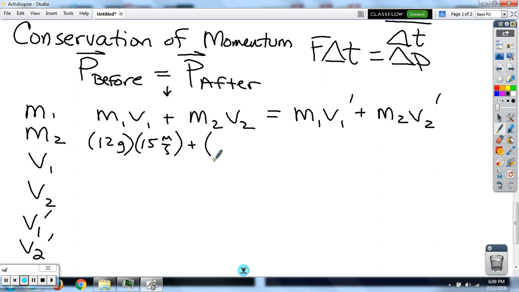and the second mass, 36 grams, moving at 5 meters per second.